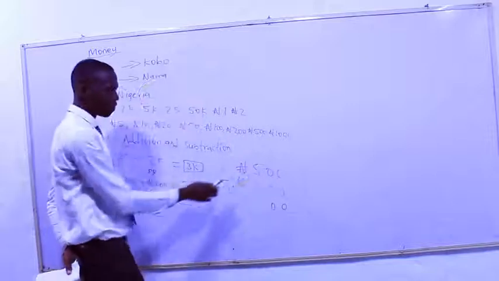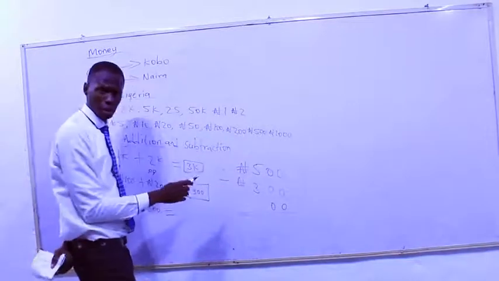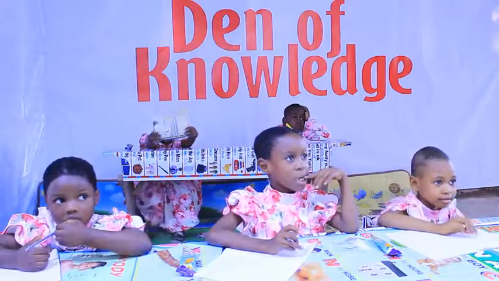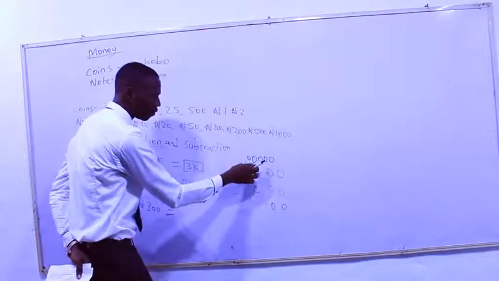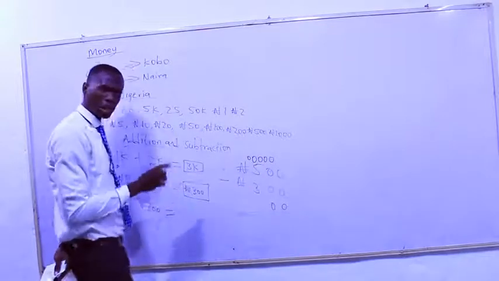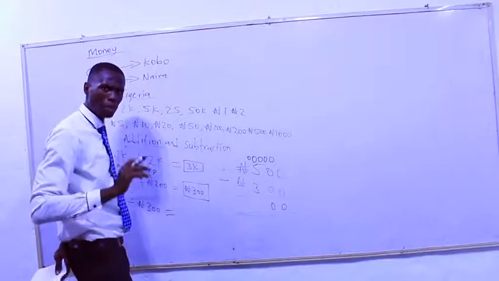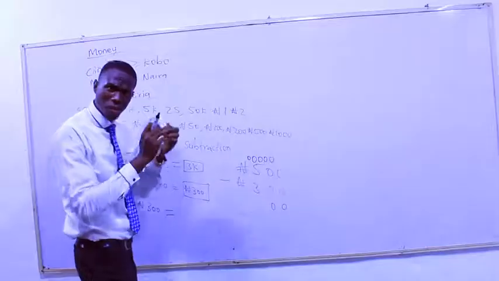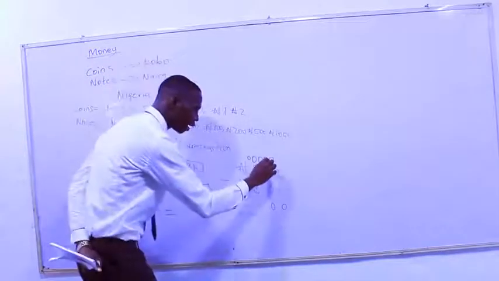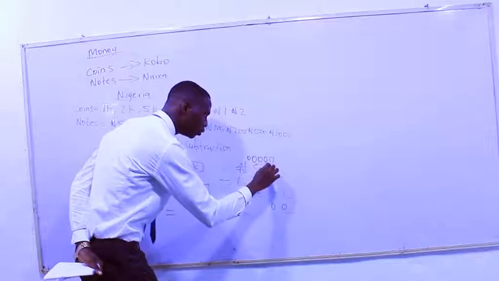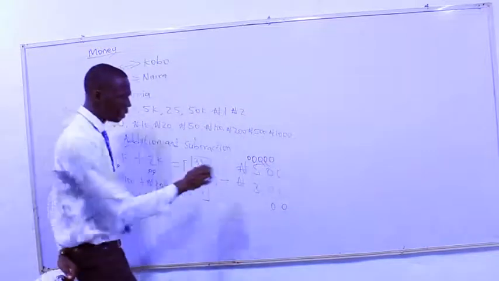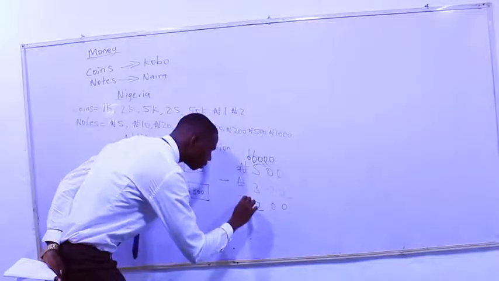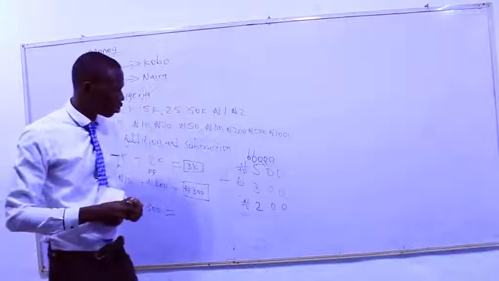Coming to this, this is 5 minus 3. You count 5, 1, 2, 3, 4, 5. What is minus? Remember, minus means remove. Subtraction is taking away a small number from the big one. Let's remove 3, 1, 2, 3. How many remain? 1, 2. You put 2. That means this is your balance.